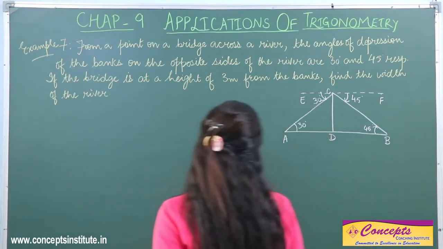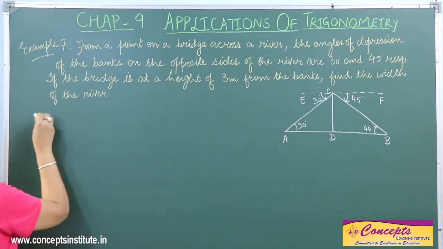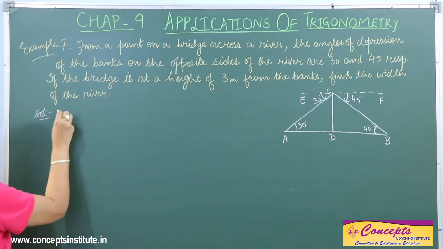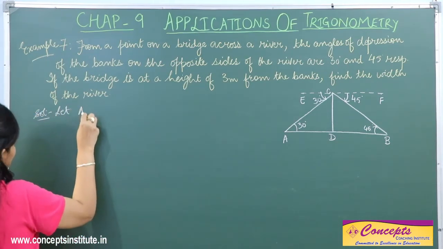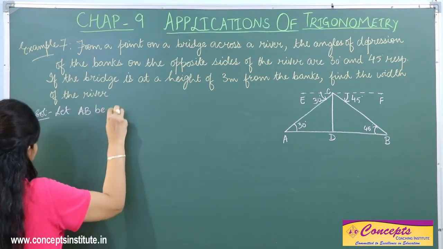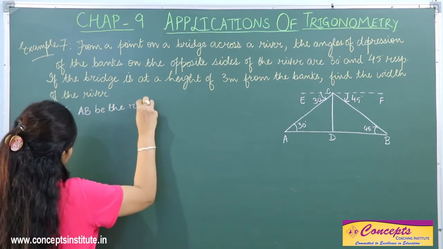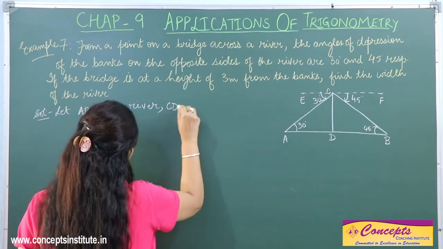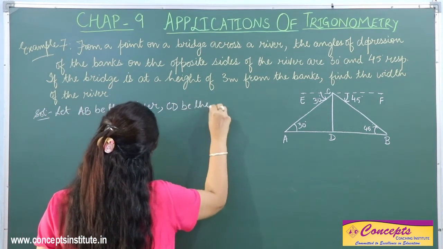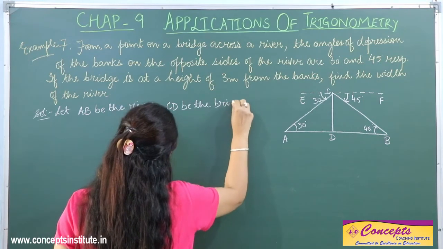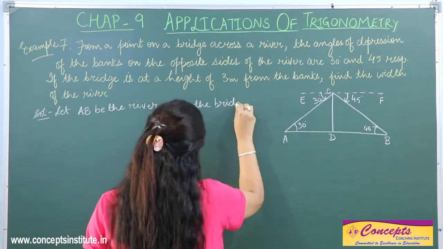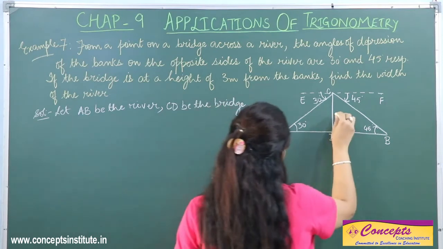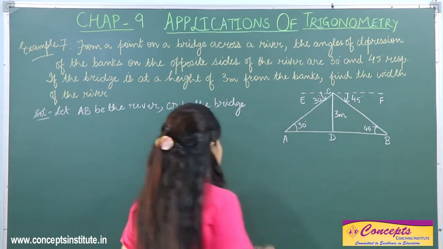Yes. So let me just write it in the solution. Let AB be the river and CD be the bridge. The height of the bridge is given to me as 3 meters. So I am going to write in the figure itself 3 meters.